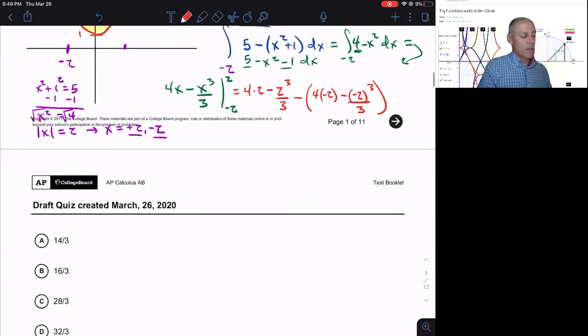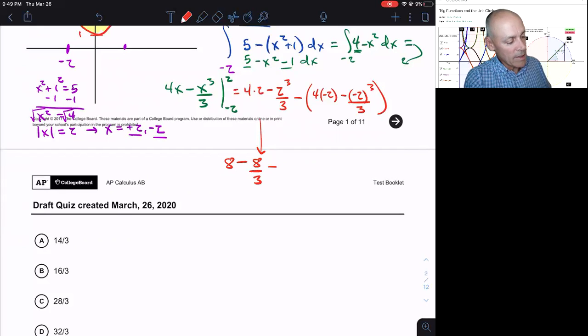Now, unfortunately, or fortunately, this is a multiple choice, so I'm going to have to simplify this. If I look at the left side here, I have 4 times 2 is 8, minus 2 cubed is 8, so minus 8/3.